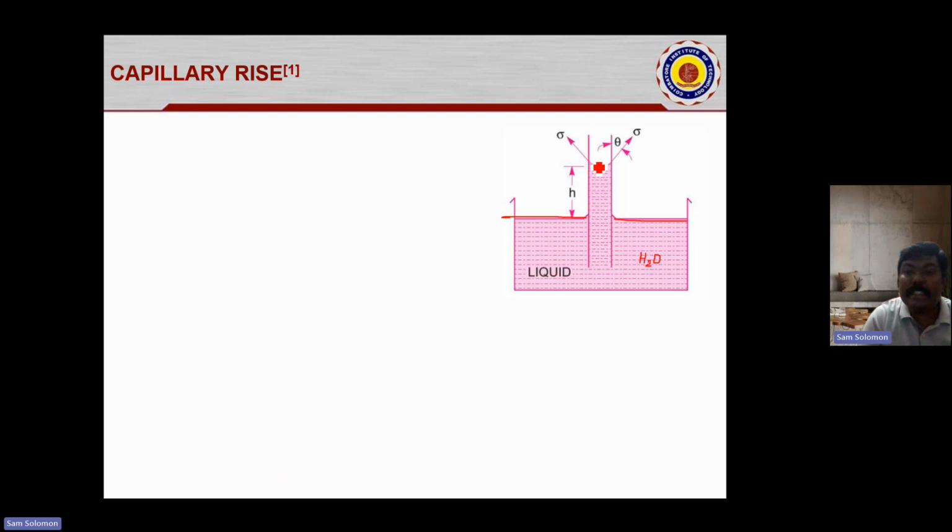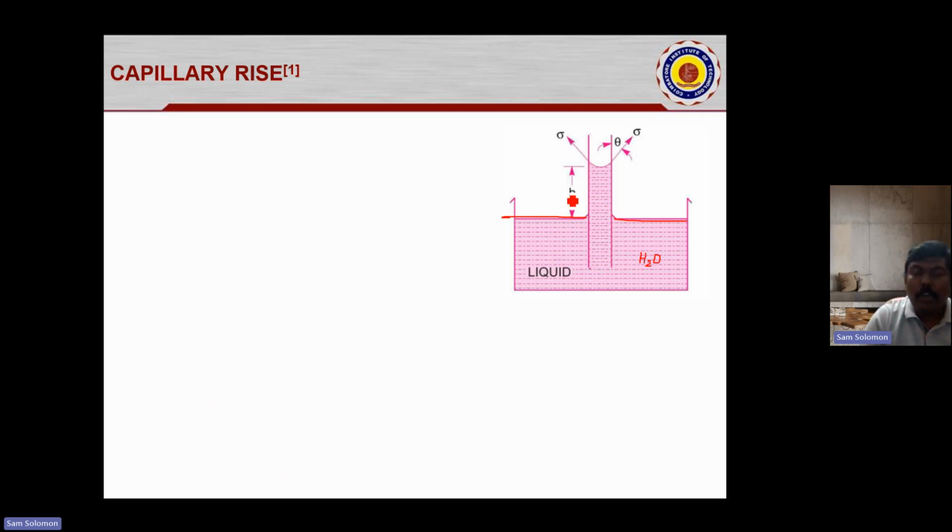Now, what I'm doing is taking a tube which is open at both ends, open at the bottom end and open at the top end, and I'm going to insert it into this vessel. And what I find is that the liquid level in the tube is a little bit higher than the level of the liquid in the vessel.